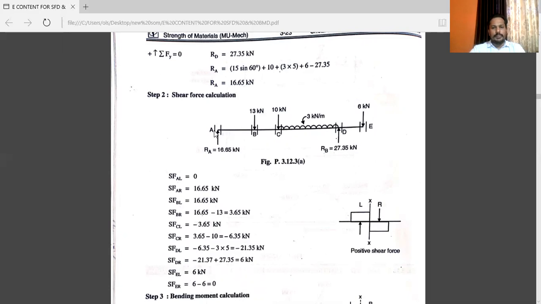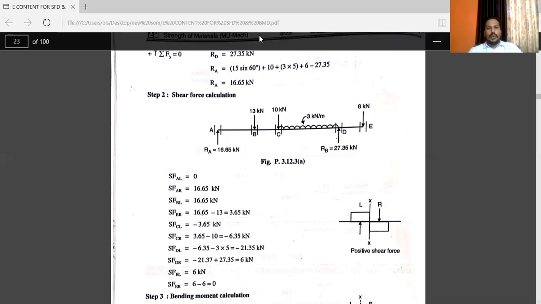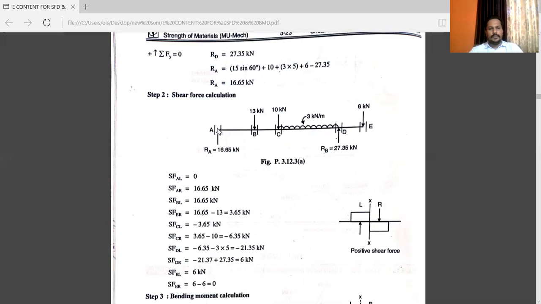You have to consider left side forces. There is no left side force from point A. Left of this section, there is no force, so 0 kilonewton.